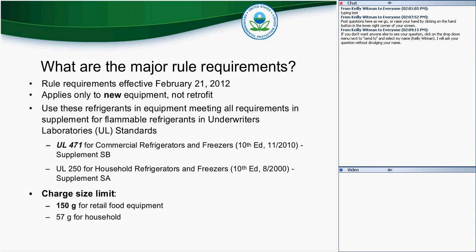And even if we had a larger limit, the UL standard still would have had its limit, though it is true that those things can change over time as that standards organization gets more information. But the same with us, if we get further information, then we can take a look at it.